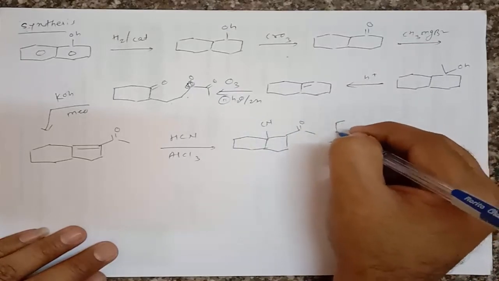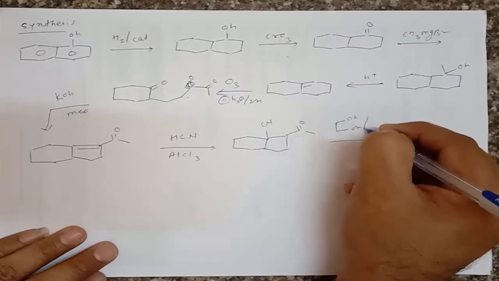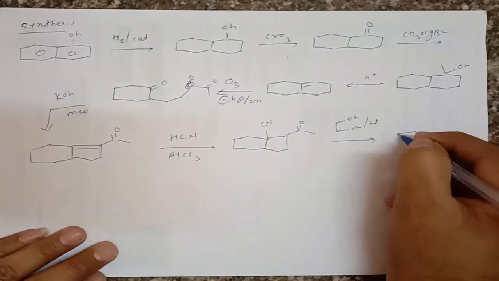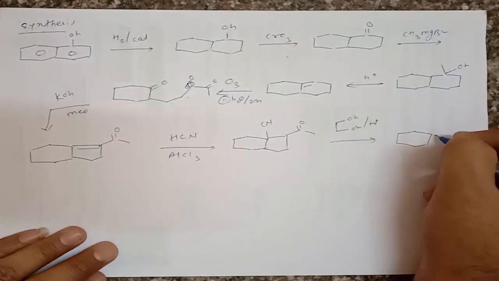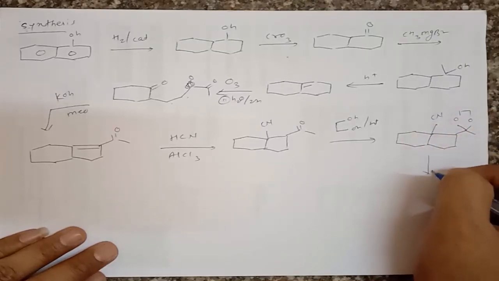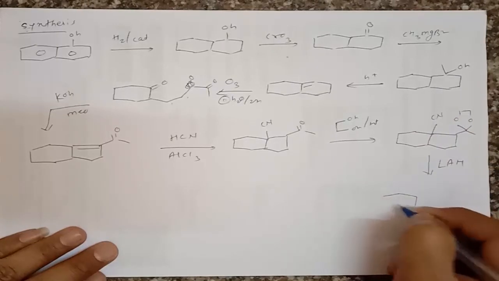Therefore we have to protect this ketone first, and then we can treat with a strong reducing agent, that is LAH. It will convert it into an amine, right? So if you treat this molecule with LAH, it gives the formation of an amine.